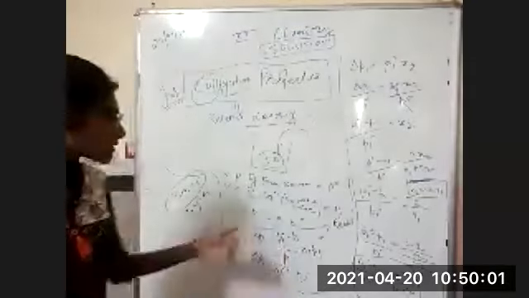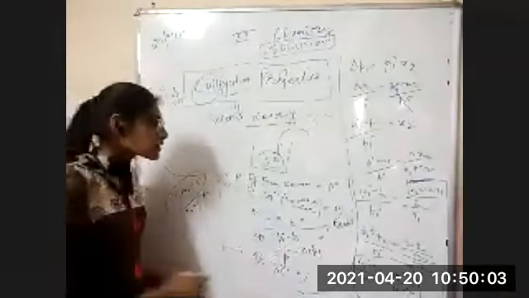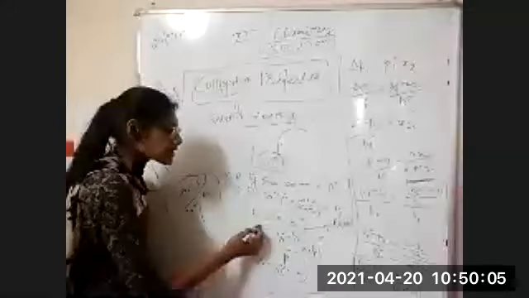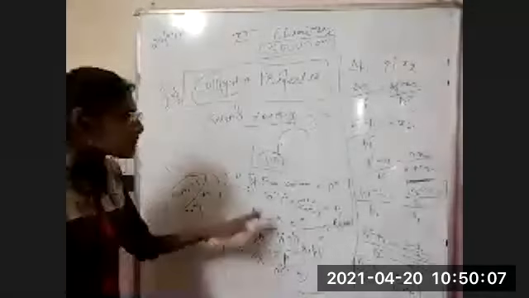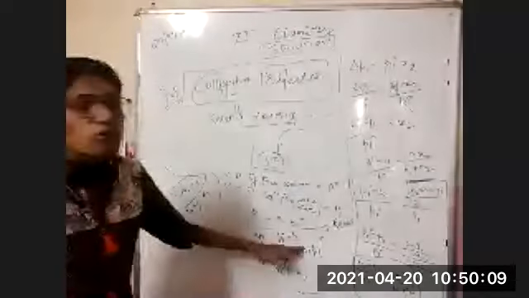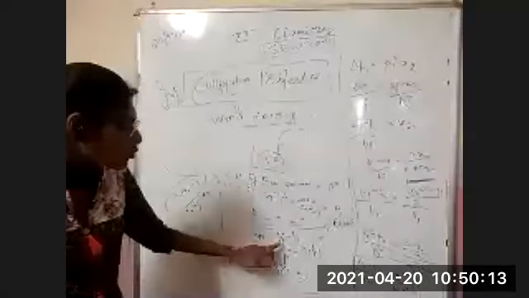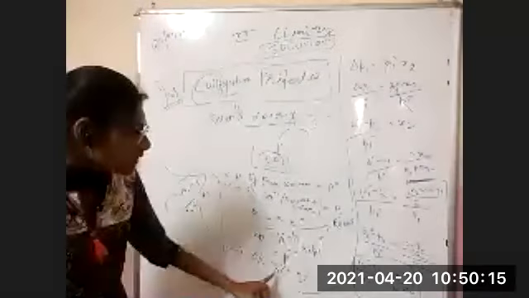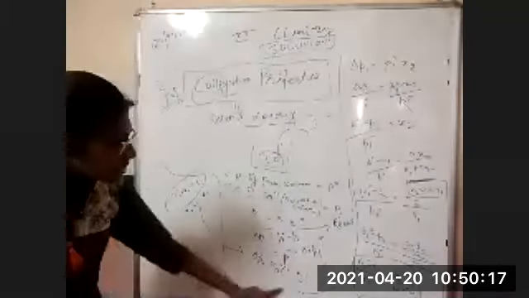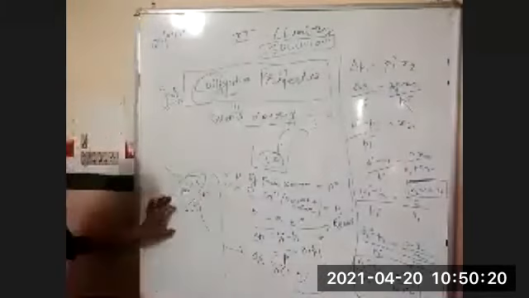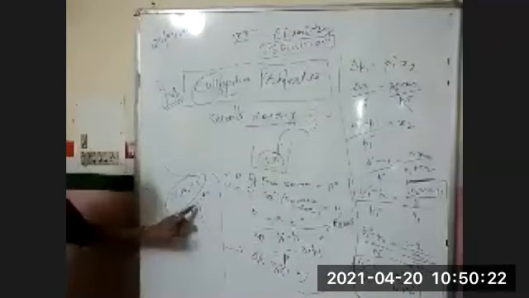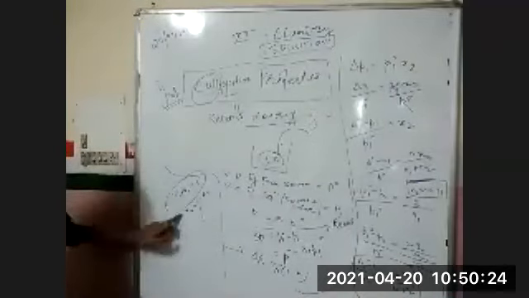Clear? Then we would go to the further higher topic. This is our Raoult's law: P1 equals x1 P1 naught. We would put this equation into this particular equation. When we put P1 equals x1 P1 naught into P1 naught minus P1, we simplify it in this form, and from the basic definition of mole fraction, we take 1 minus x1 equals x2.